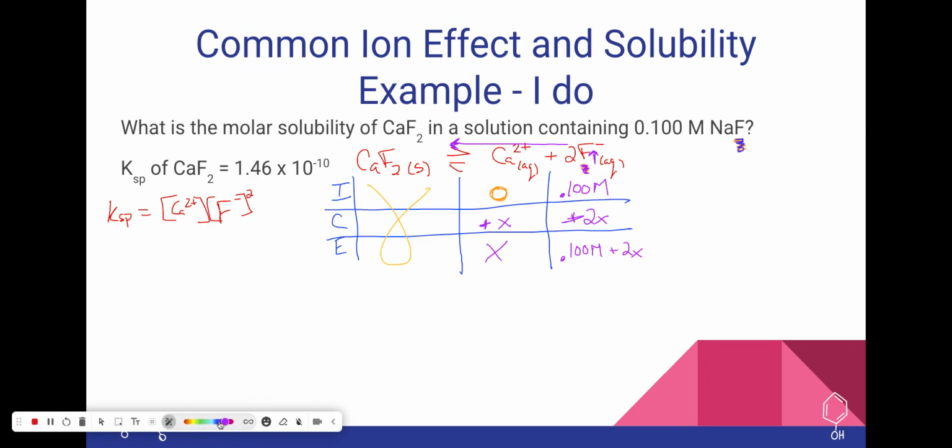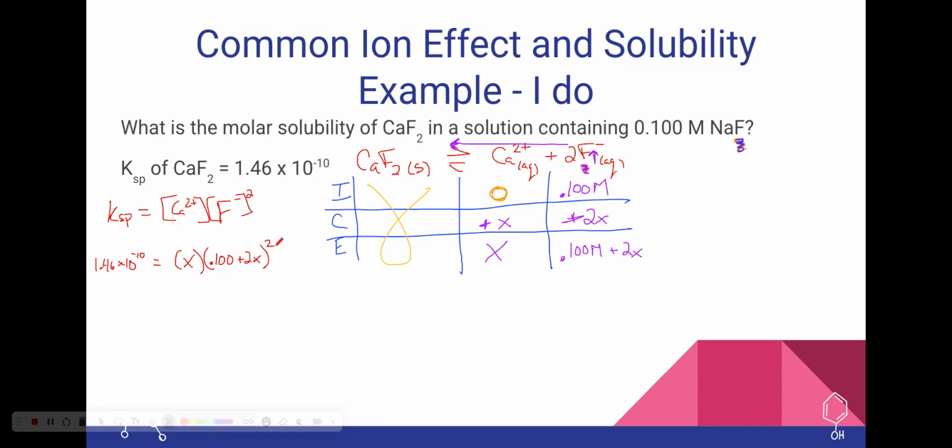Now that we have this, we're ready to plug in our numbers into our Ksp expression. So we're going to do 1.46 times 10 to the negative 10th is equal to x times (0.100 plus 2x) squared. Okay.